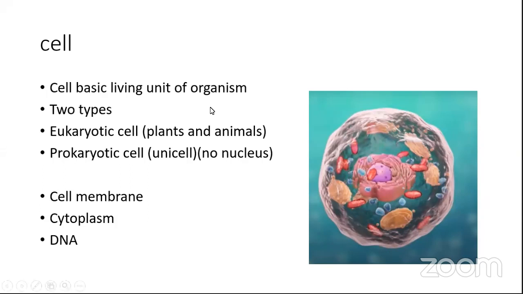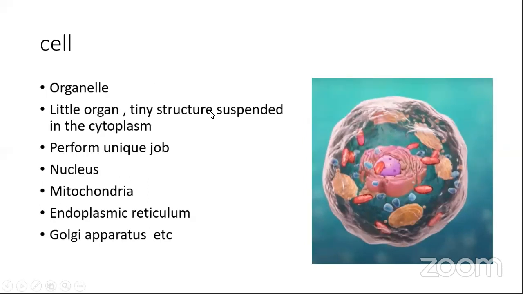This cytoplasm contains many, many organelles suspended in the cytoplasm. Organelles, what are organelles? An organelle is a small organ. We may call it a small organ or a tiny structure suspended in the cytoplasm. Sometimes they call it cytosol, right?